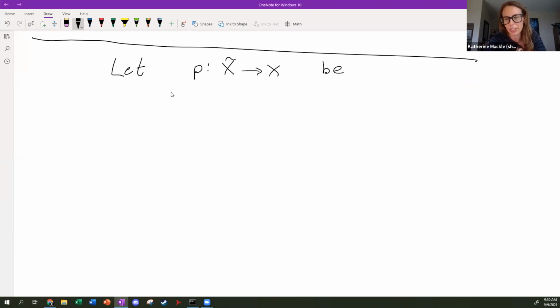I wasn't sure how we got locally path connected, like from the given information.